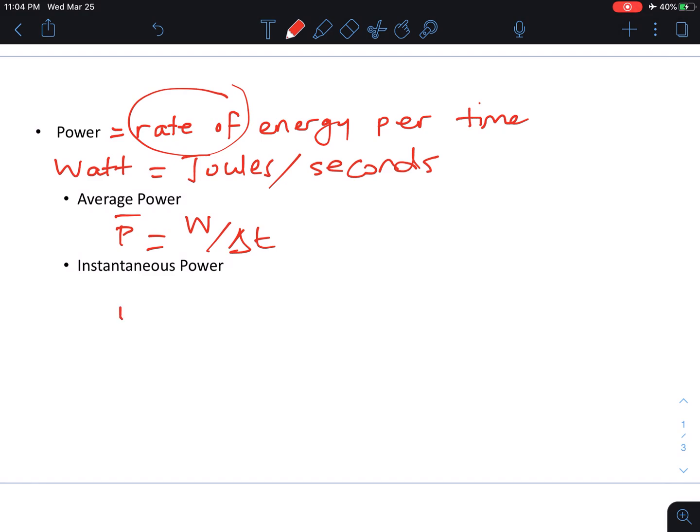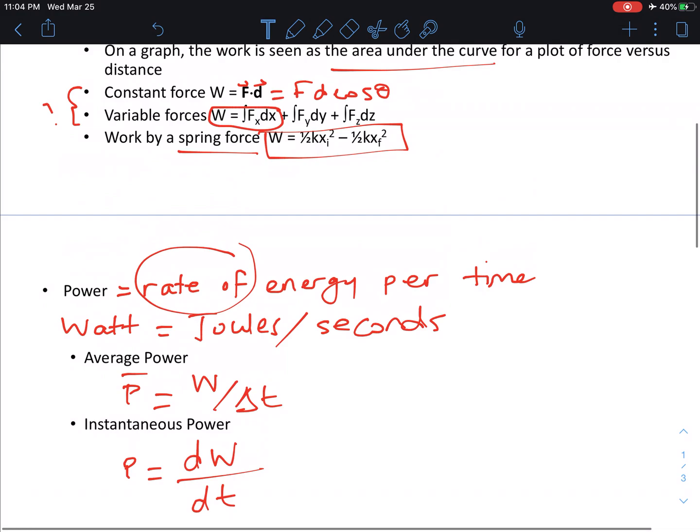For the instantaneous one, we drop that bar. It's just P, capital P, and we take the limit where we make delta t very, very small, infinitesimally small. The delta t goes to 0, and that would give you the derivative dW over dt. We did an example last time where we had to use a variable force, calculate the work done using the integral as shown earlier, and then take the derivative to figure out power.